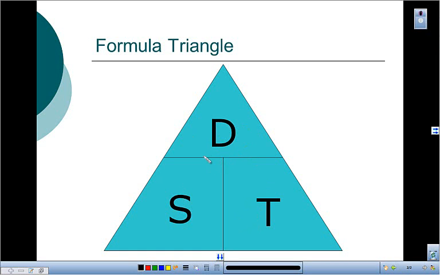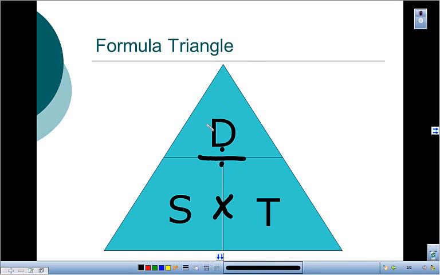Remember that this line right here means divided by. Distance divided by time or distance divided by speed. This line right here means multiply. Remember we will cover up whichever one we are looking for. If we're looking for speed, we will cover up speed, and that gives us distance divided by time.